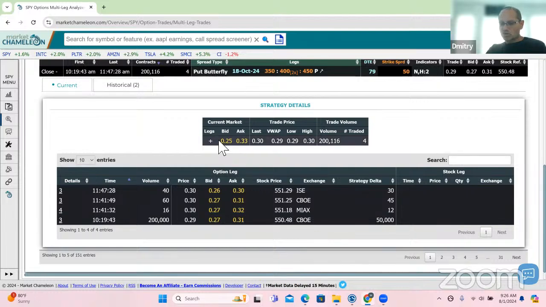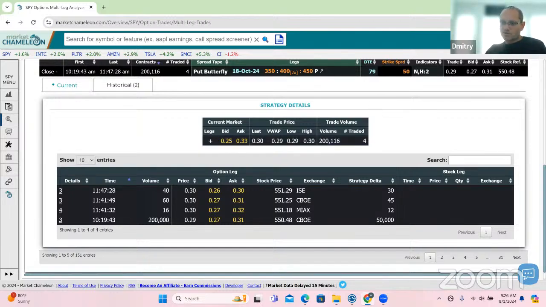This is where the current price is. This is where it closed, actually, because we're not open yet. So where was the bid the last time we took a snapshot? 25 cents. Where was the ask of this? 33 cents. So this is giving us an indication of where the mark to market is relative to where it traded.